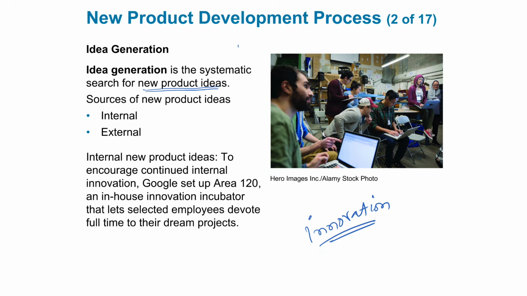A good example of that would be brainstorming. Brainstorming is the process through which you discuss with your group, with the people, to come up with the idea of a new product. Now, there are 2 types of idea generation.